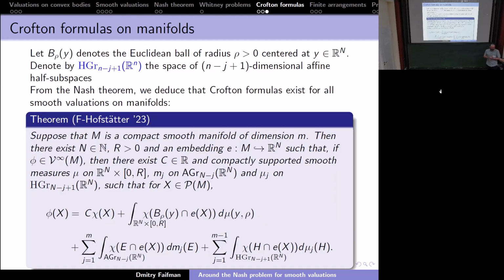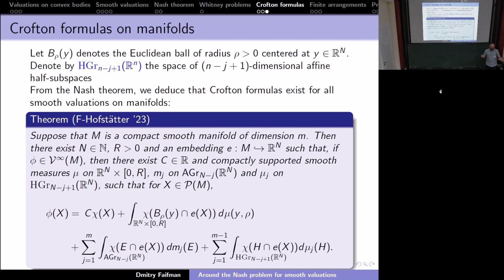Basically, what you do, you present your valuation as the restriction of a translation-invariant valuation. The translation invariance you can do up to this function thing. So the translation-invariant valuation has a Crofton description. Then you just take the family of subspaces or half-spaces you have there. You intersect them with your submanifold.